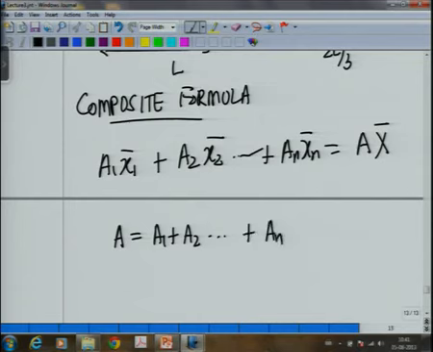You have seen this composite formula for center of mass or composite formula for centroid, that x1 bar is the centroid of A1, x2 bar is the centroid of A2, xn bar is the centroid of An.